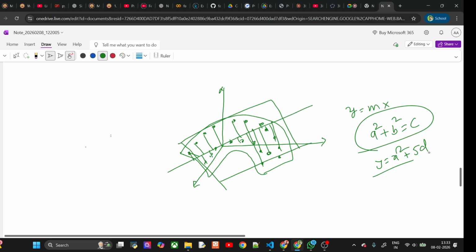They follow a different kind of relationship, like y is equal to x square plus 5, or something like this. So you cannot simply reconstruct the actual data from these kinds of points spread in 3D.